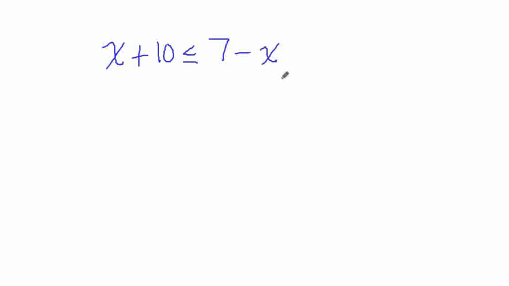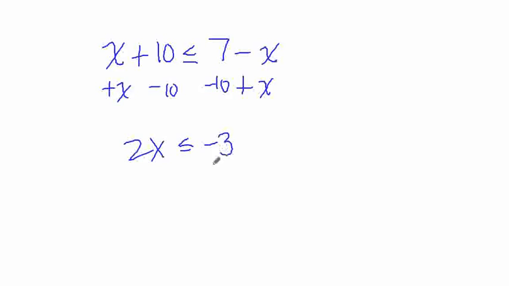In fact, a lot of times you can do exactly the same thing. If this was an equal sign, let's just pretend that the less than or equal was really an equal sign. I would add x to both sides, subtract 10 from both sides. Then I'd get 2x is less than or equal to -3.